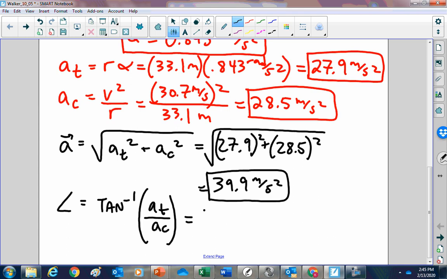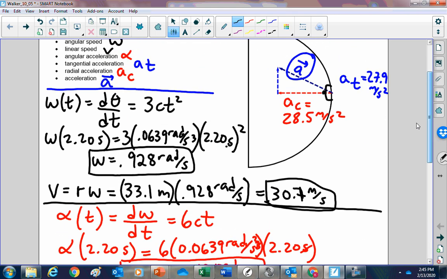Okay. So notice they don't use radians now, at least the book doesn't. So this would be 44.4 degrees right there.